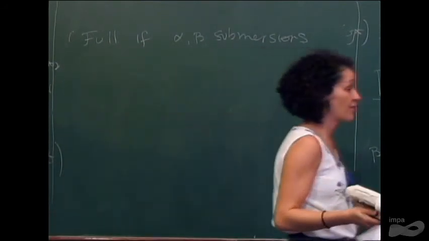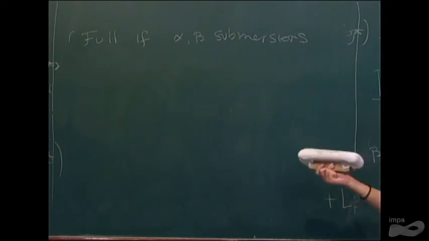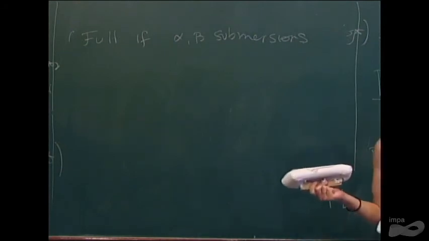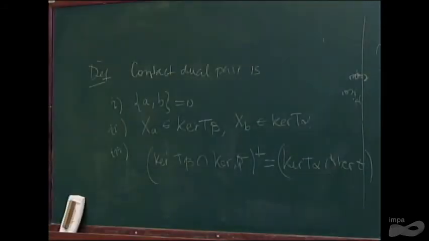Okay, so for example, if you think about contact dual pairs as Morita equivalence, then you should expect some result about the leaf spaces of the Jacobi manifolds, right? And what you get is the following.